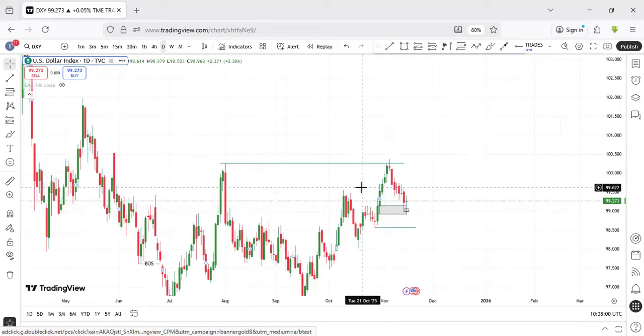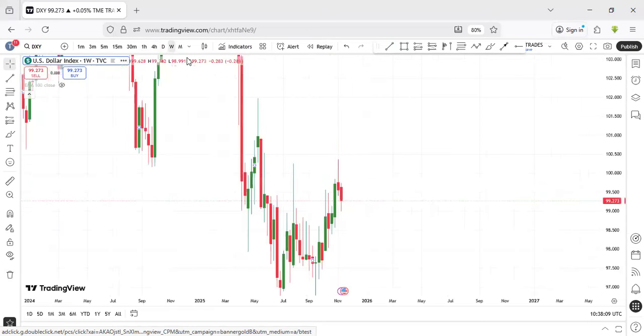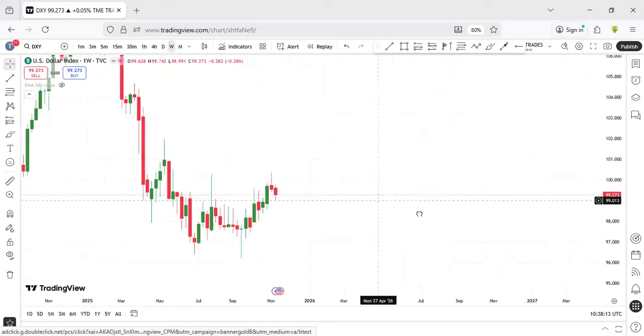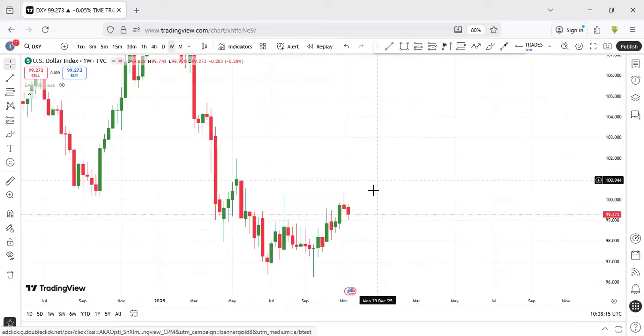Let's clear everything. Because DXY, the dollar index, gives us a clue when the dollar is very weak, and that's why we utilize the opportunity to make some beautiful trades.